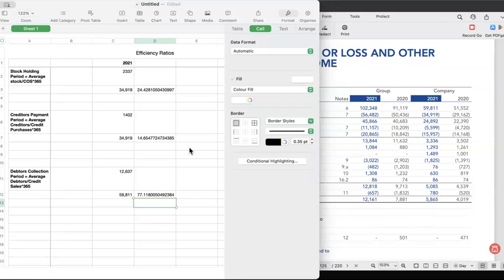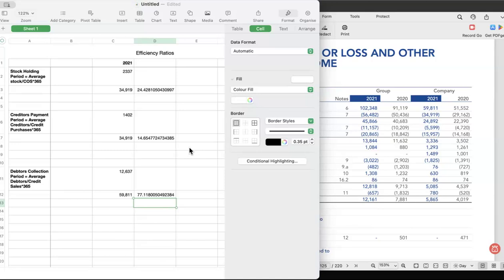If you get a higher stock holding period, this implies that the company takes a long time to sell its inventories. Is that clear? So shorter the better. If 2020 is 20 days, it means 2020 is doing better than 2021 because 2021 is 24.